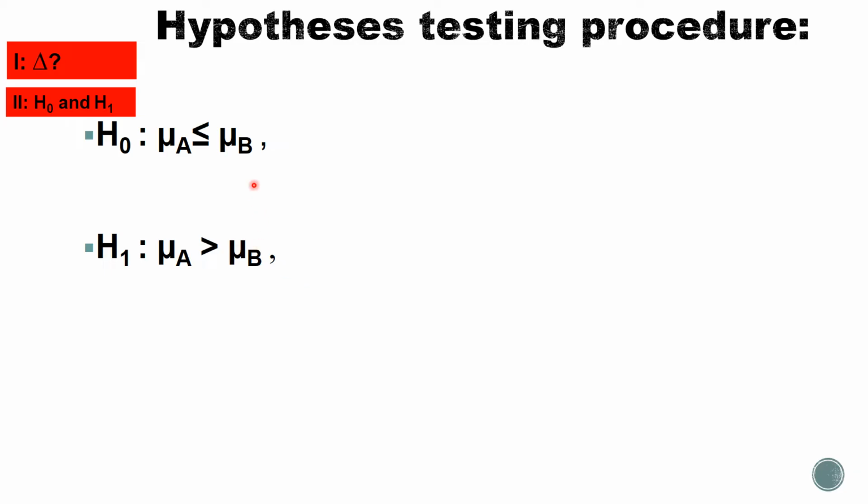To say, okay, if we are able to prove that the opposite of our research question is invalid, in other words, if we are able to prove that there is actually a difference in the actual population between mean A and mean B, then at that point our research question would be valid. In other words, our alternative hypothesis would be valid.